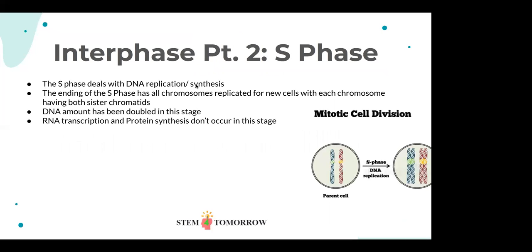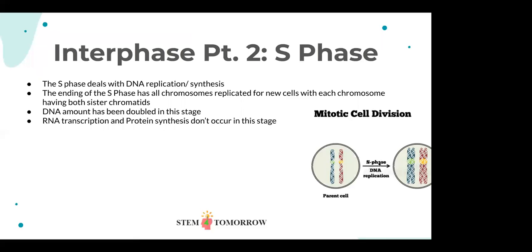Interphase part 2 is the S phase, and the S phase deals a lot with the DNA's replication and synthesis. So pretty much it's creating new genetic information in order to give these cells, while the phase before focused on the number of proteins, organelles, etc. The ending of the S phase has all the chromosomes replicated for new cells, with each chromosome having both sister chromatids.